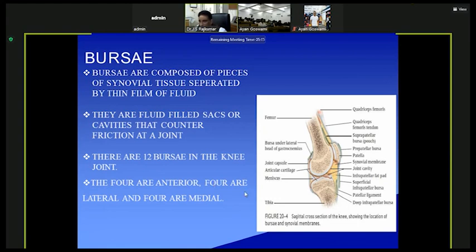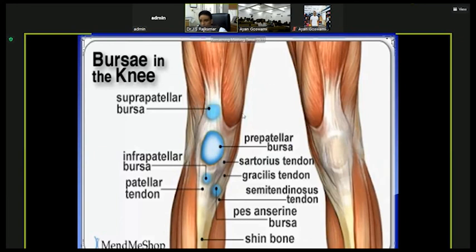Let's run through the bursae rapidly. These are called suprapatellar, prepatellar, infrapatellar, 4 anteriorly. When you say suprapatellar, this is above or superior to the patella.